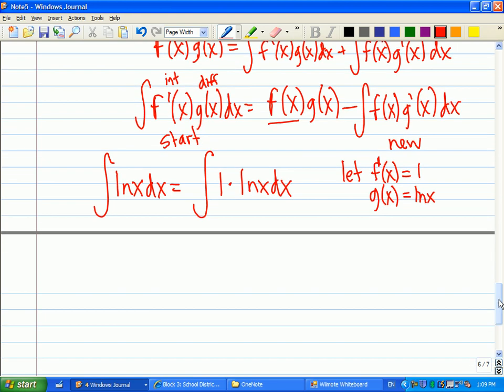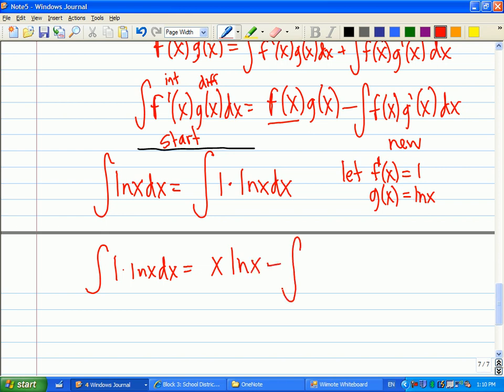So if I then fill it into the pieces that are over here, then on this side of the equation what I get is the integral of 1 times the natural log x is equal to, so I got to integrate 1, which is easy, that's just x, times the function I had, g of x, take away the integral, which is x, and the derivative for natural log, which is 1 over x.